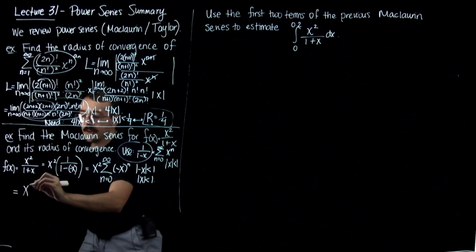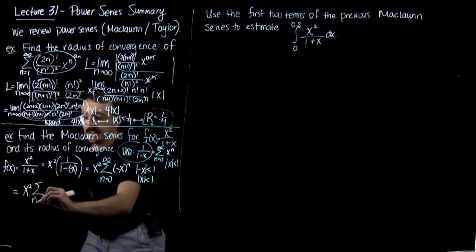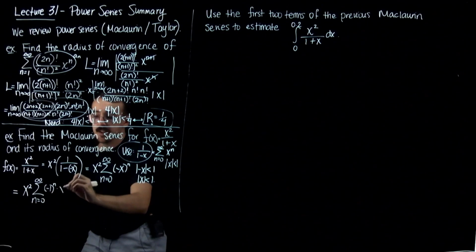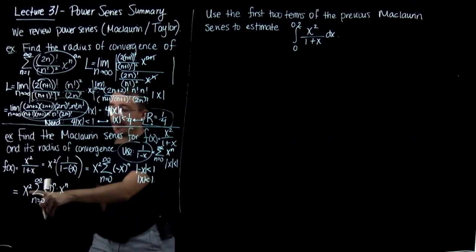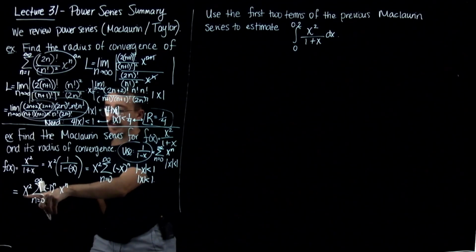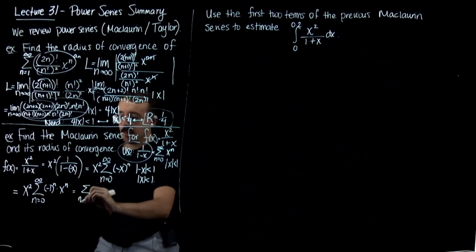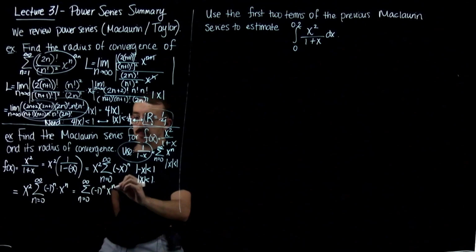So here I have x squared. If I have negative x to the n, that's the same thing as having negative 1 to the n times x to the n. And then I'm going to bring these two factors of x inside. So I get summation n equals 0 to infinity of negative 1 to the n x to the n plus 2.